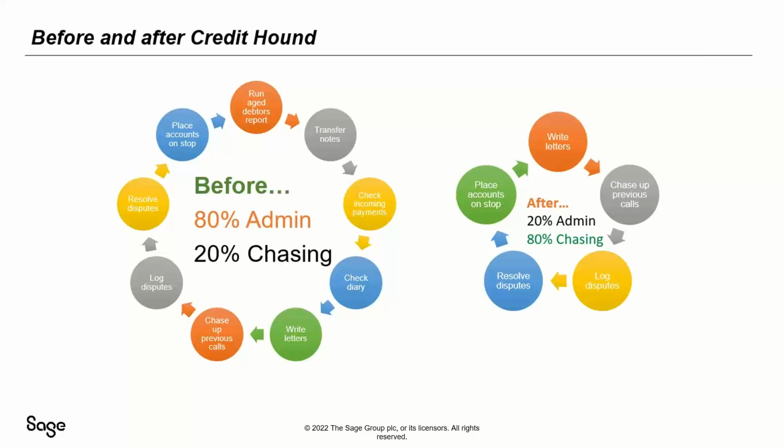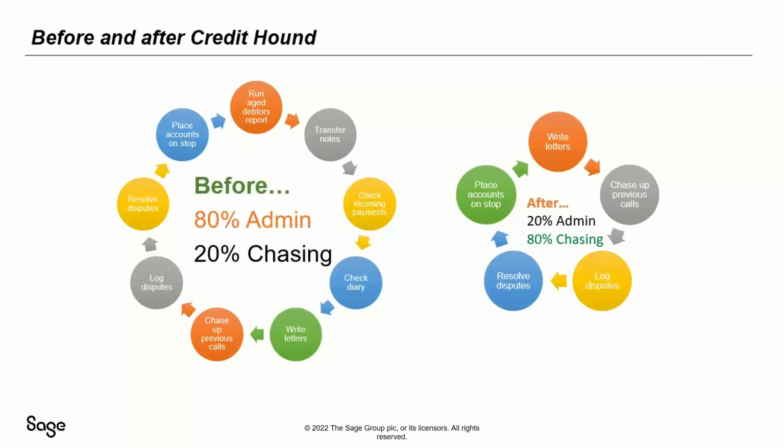All of that causes such frustration, and it actually involves spending 80% of your time on admin and only 20% of your time actually chasing late payments.